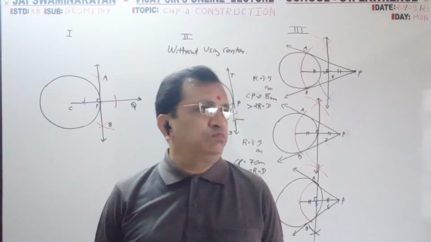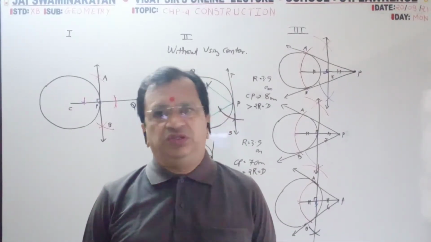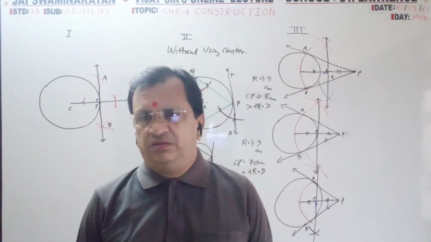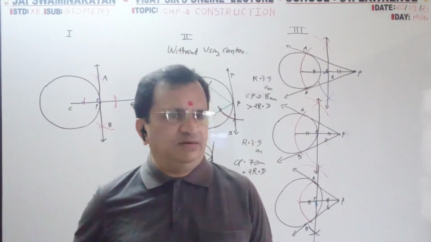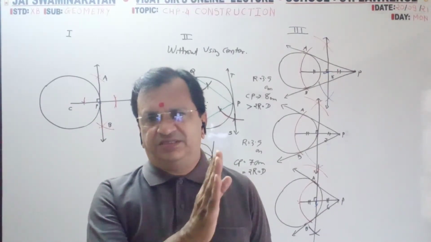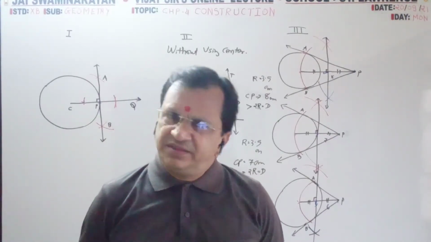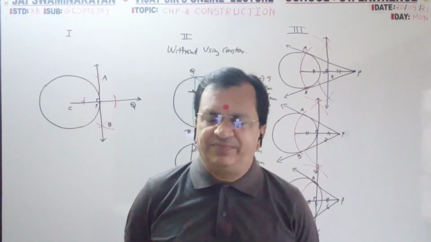So, in geometry, for both groups it is very useful. Those who are slow learners in maths, on the border of passing, can pass with good marks with the help of this chapter.